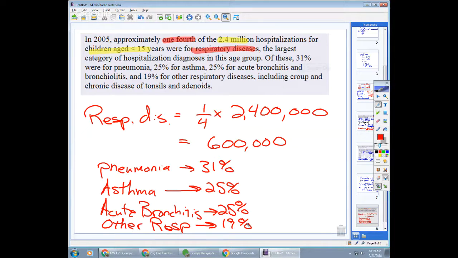First thing I usually ask when somebody gives me information like this is, does it add up to 100%? 25 and 25 is 50, 31 and 19 is 50. So yeah, that accounts for all the respiratory diseases. They didn't leave anything out. And I think the first question we were asked was, how many kids had pneumonia? So what are we going to do to figure that out?